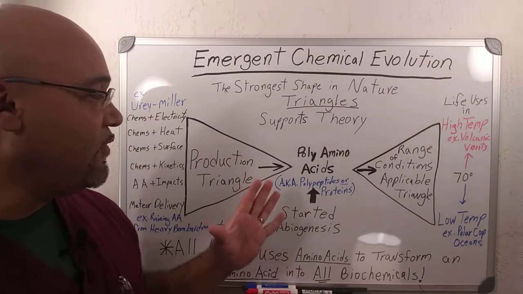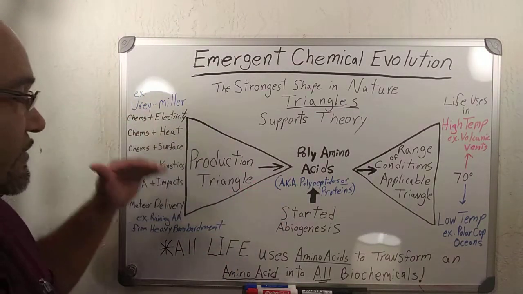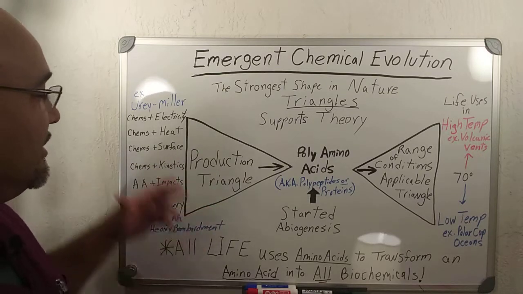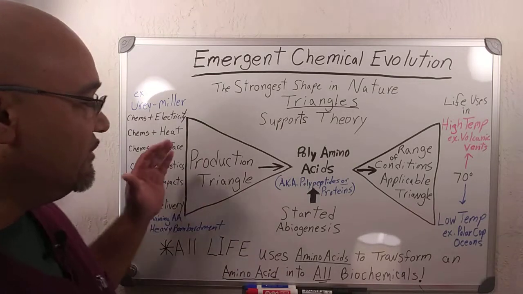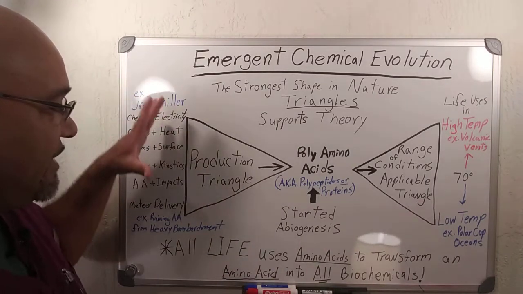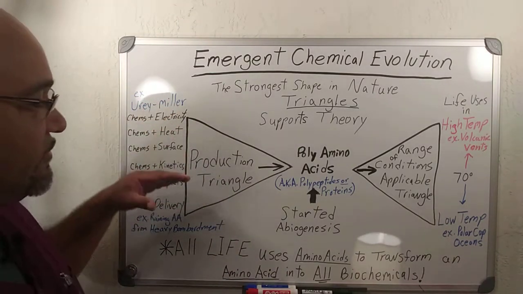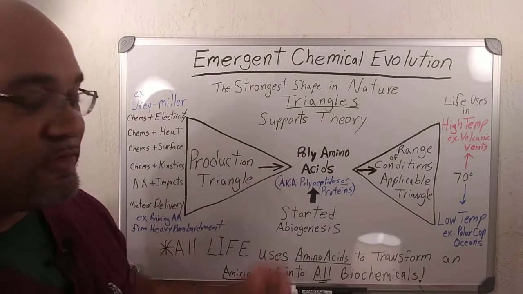As I explained before, there are many sources of amino acids, both from space and terrestrial, and reasons for them here on this side of this triangle to make polyamino acids.